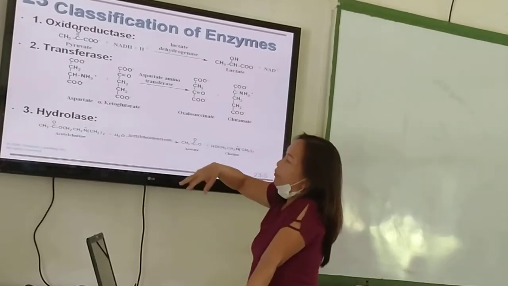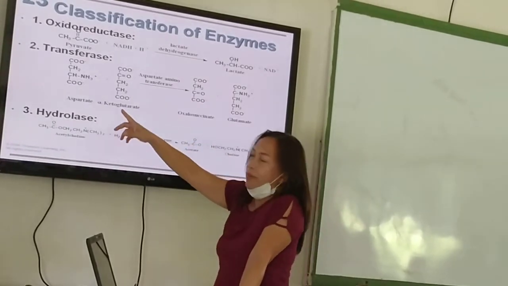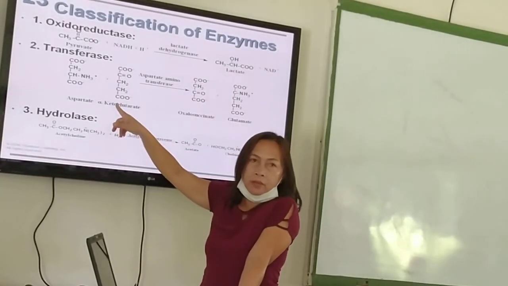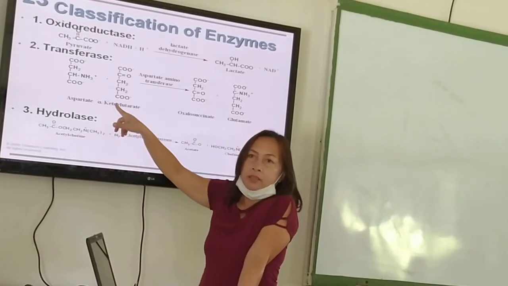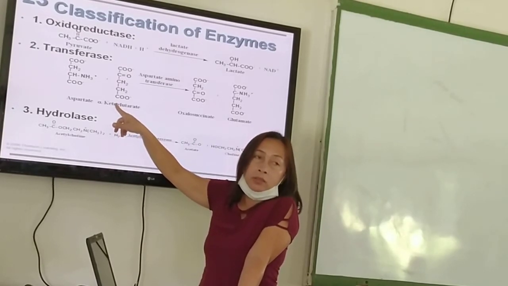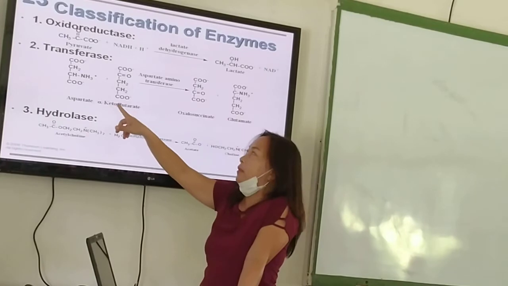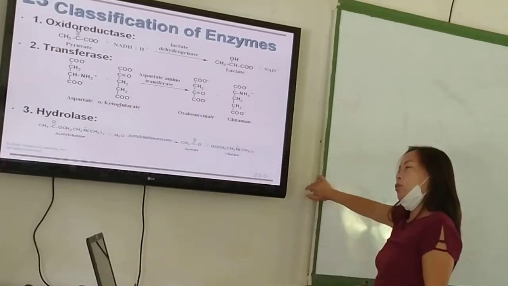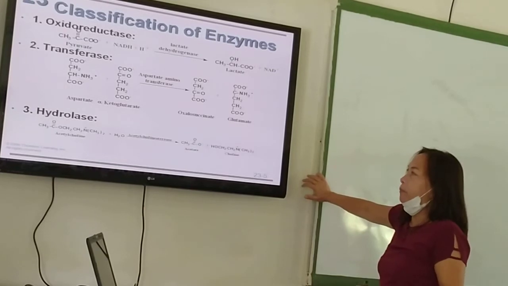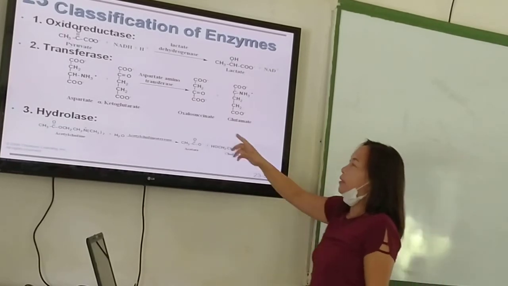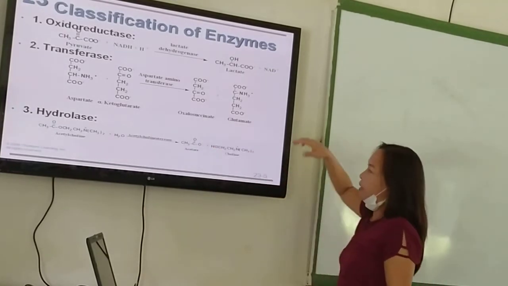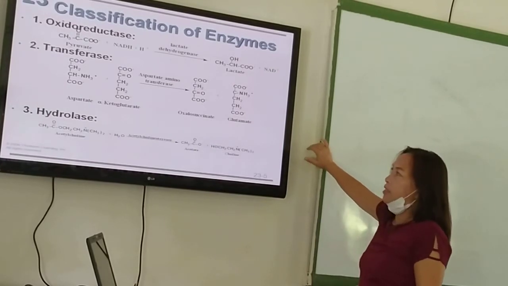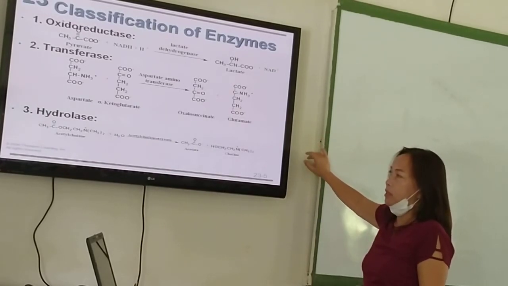Then you have the alpha ketoglutarate. Alpha ketoglutarate is one of the intermediate products in the citric acid cycle or Krebs cycle. So it would be transformed into another form, oxaloacetate and glutamate, by aspartate aminotransferase.